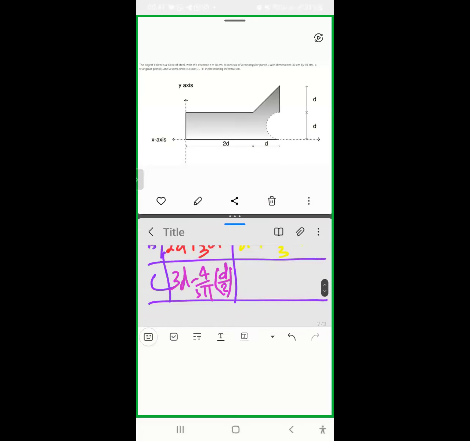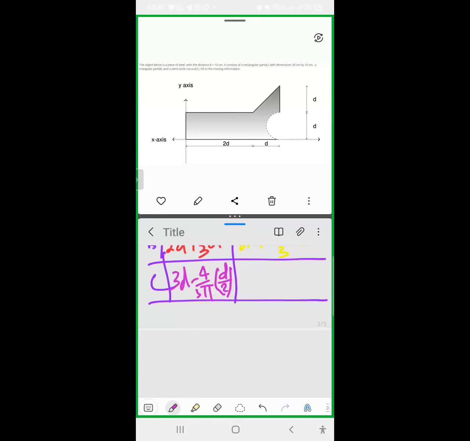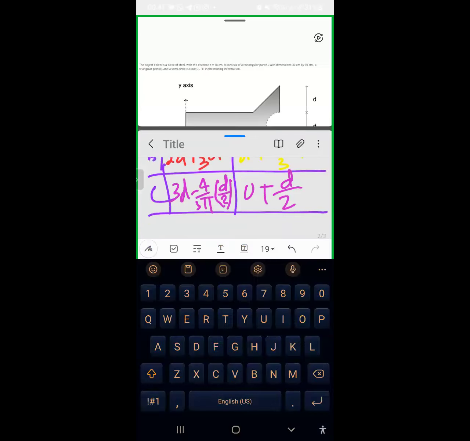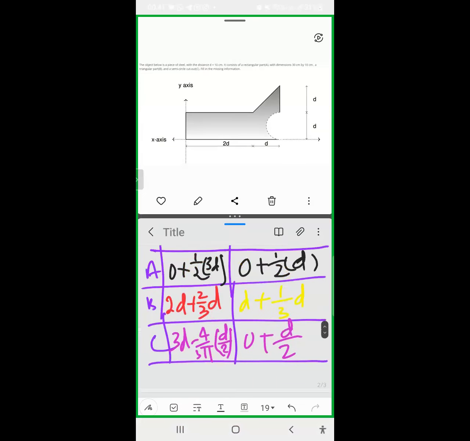So let's go ahead and find 0 plus d over 2 units. These are the equations that we're going to use to find what is required.